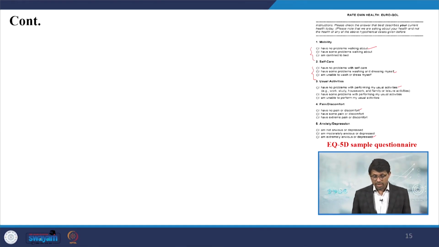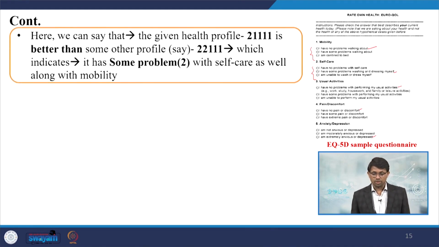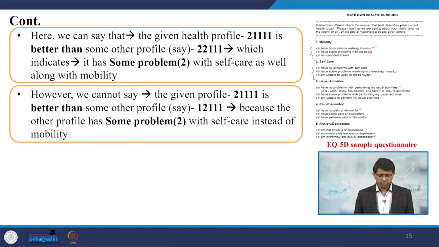If we have another case with another number, maybe 22111, that means there is some problem noted in the first, and the second case also has some problem. This indicates that it has some problems with self care as well along with mobility.